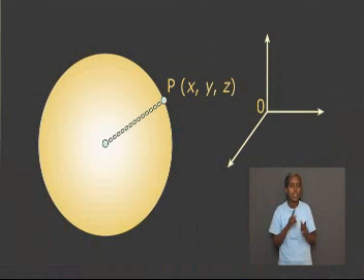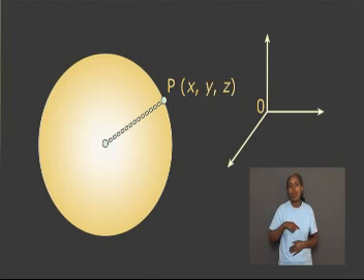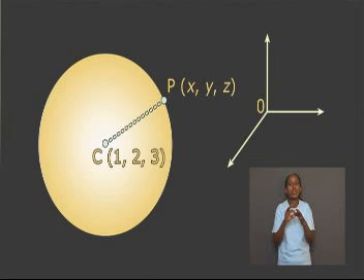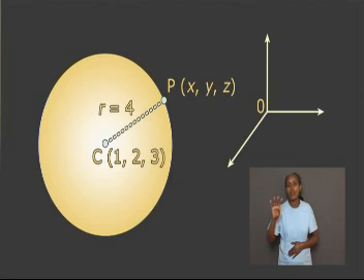As you can see, it is similar to our old sphere, but this time its center is located at coordinates 1, 2, 3 from the origin. The radius of the sphere is 4 units. Let us learn how to calculate the equation for this sphere.